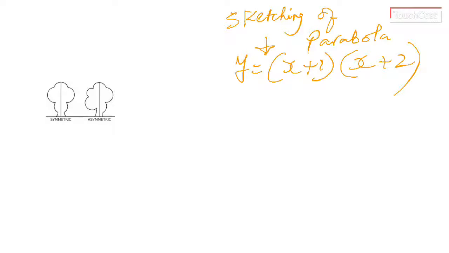y equals x plus 1 being multiplied by x plus 2, each in brackets. So we have to be 100% clear about all these.